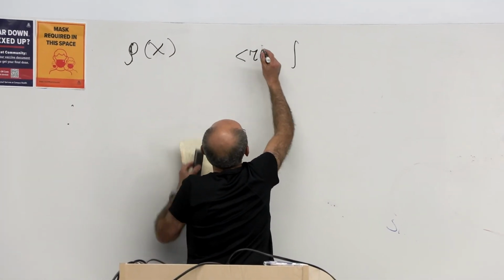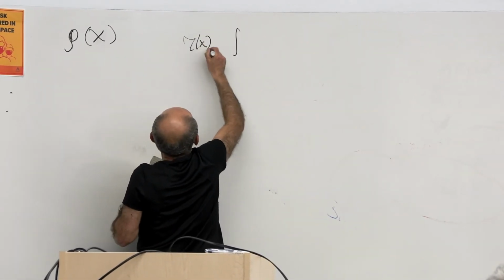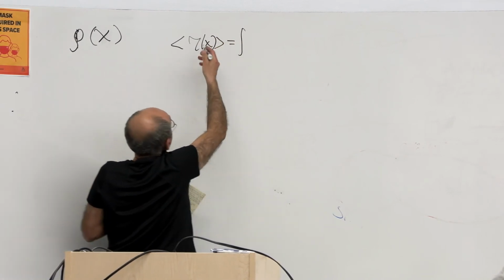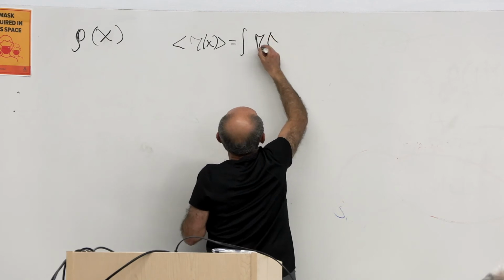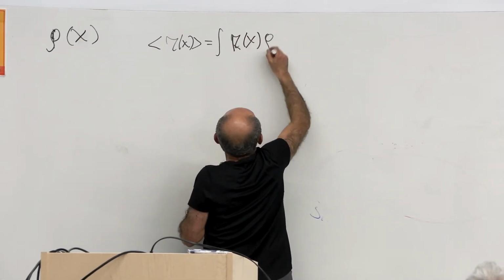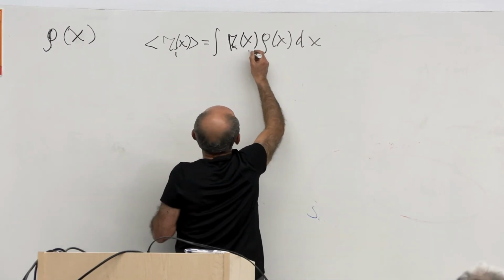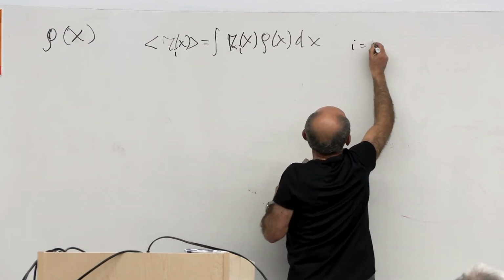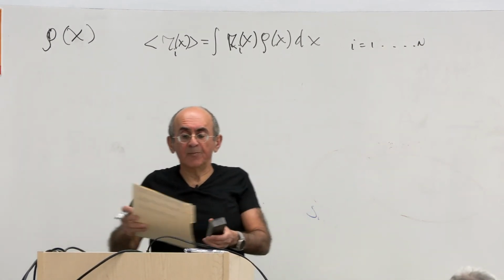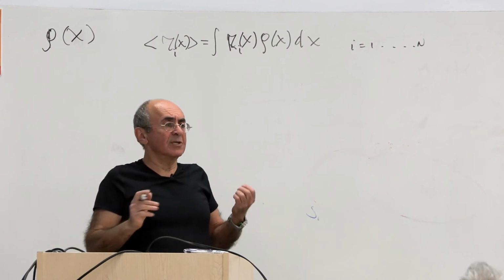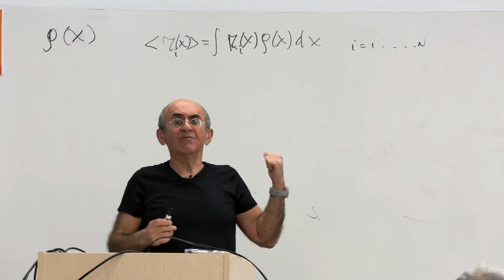I have some function, and what I can measure is the average of it, which means that technically I am measuring the quantity integral of R of x, rho of x, dx. And there might be several of them, i runs from 1 to n. Let's say I did it. What is the distribution that I need to assume given these values?